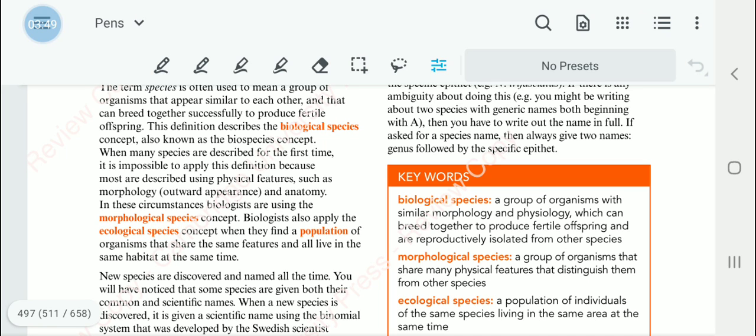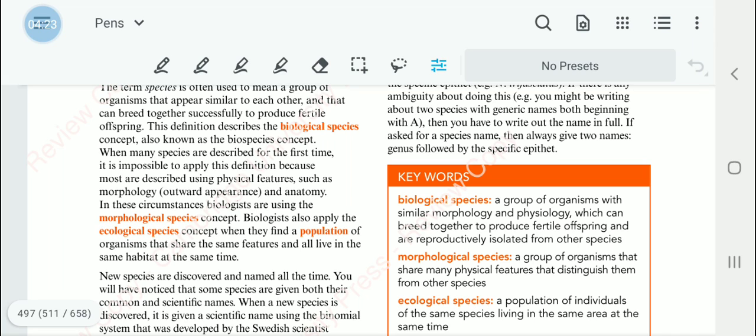Sometimes when we have to introduce many species for the first time, we cannot actually talk about the physical features, because outward appearance and anatomy is not the morphological concept.